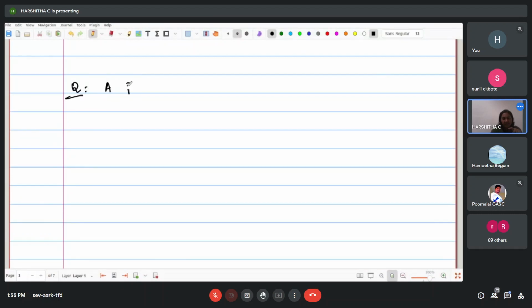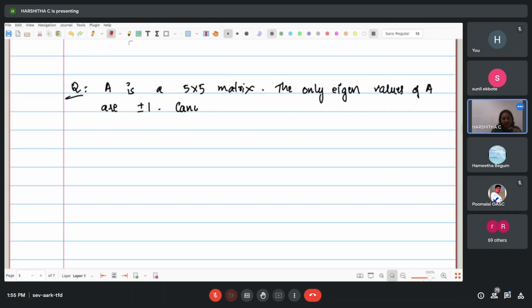Let's say A is a 5 cross 5 matrix and the only eigenvalues of A are plus and minus 1. So can you tell what is the characteristic polynomial?